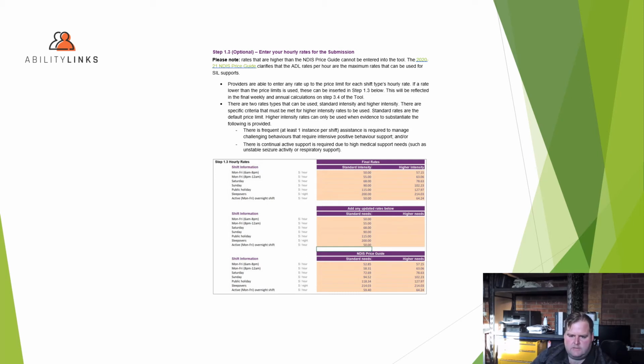So it's easy to send through a submission with an outdated line item and miss a few dollars here and there, which over the course of a plan can add up quite a bit.